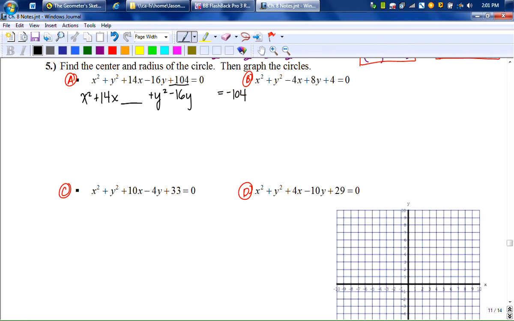And then I left some space here because what I'm going to do is complete the square, and completing the square is taking this value, cutting it in half, and squaring it. So 7 squared is 49. And whatever I do to one side of the equation, I have to do to the other. So I can't leave this -104 over there. I'm going to do the same thing for y. I'm going to take this, cut it in half, and square it.